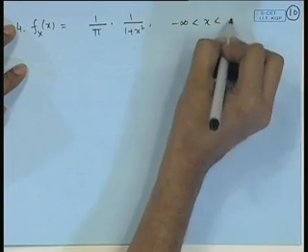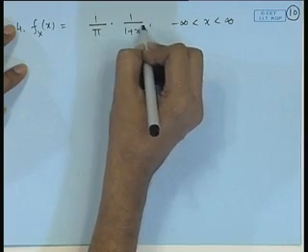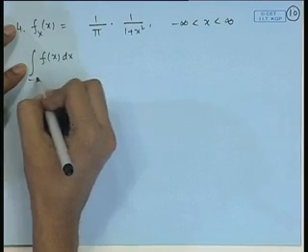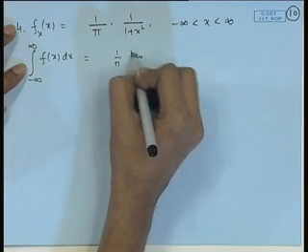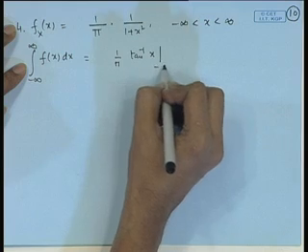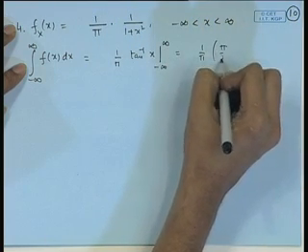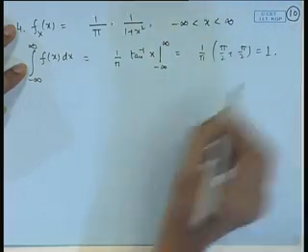Let us consider the density 1 by pi into 1 by (1 plus x square). It is a valid probability density, as can be seen easily. The integral will be tan inverse x, that is equal to 1 by pi times (pi by 2 plus pi by 2), that is equal to 1. So it is a valid probability density.